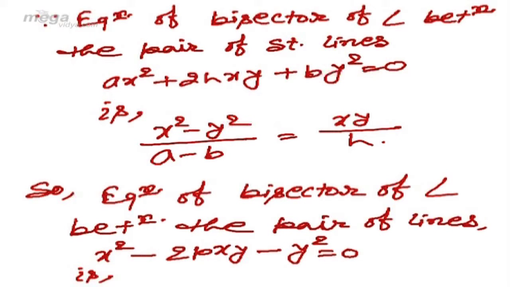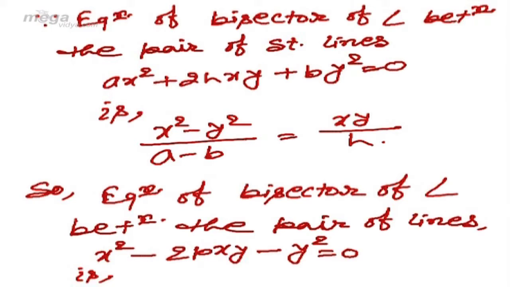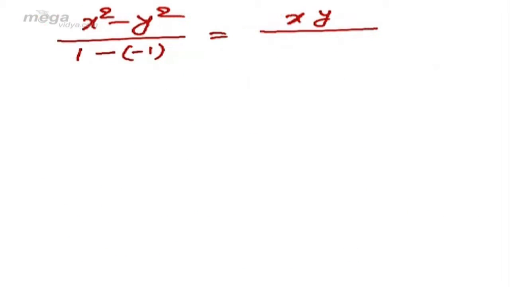If you compare, a is 1 and b is -1. So by using this formula we can write 1 minus (-1) equals xy/h. Again we compare, and we get h is equal to -p. So it is xy/(-p).